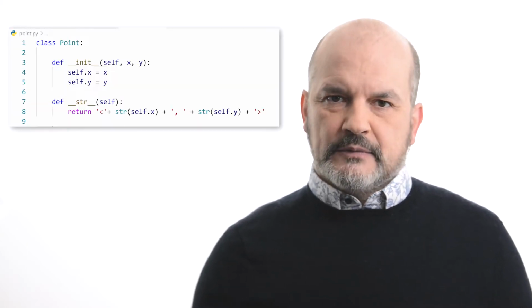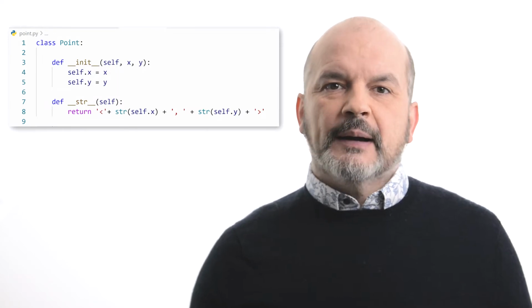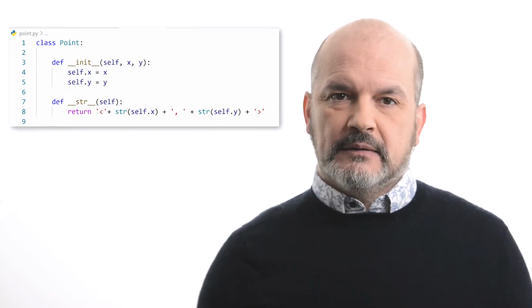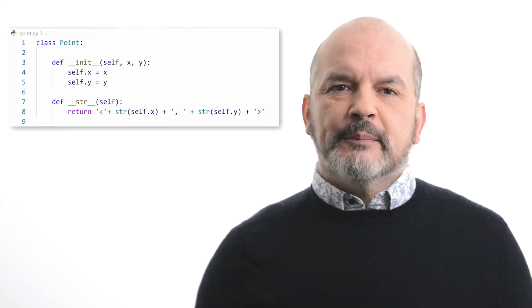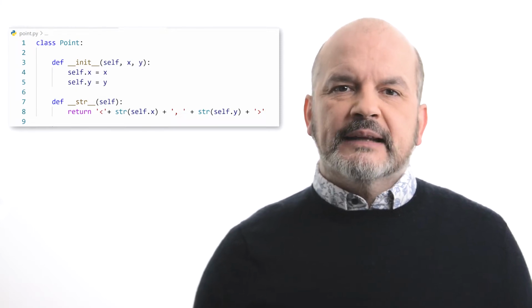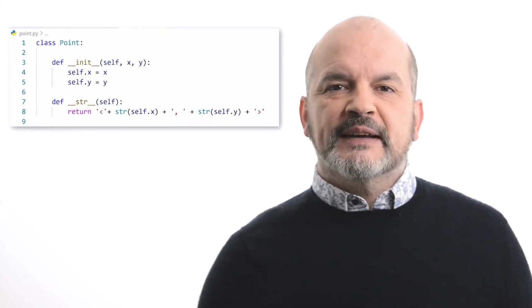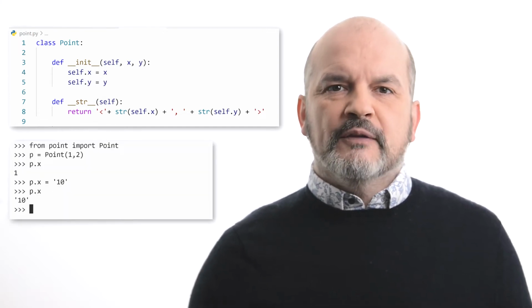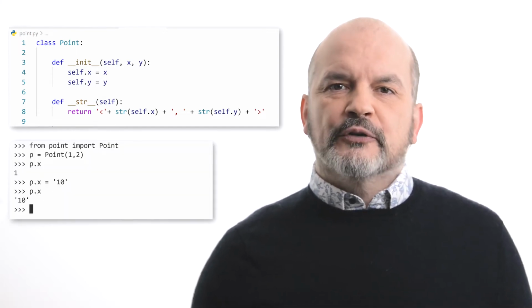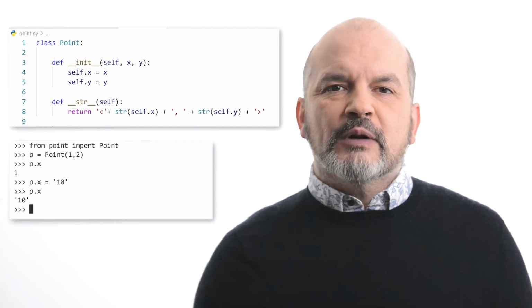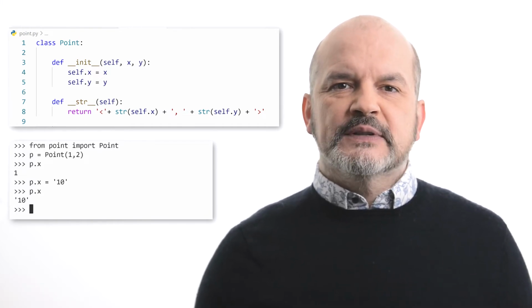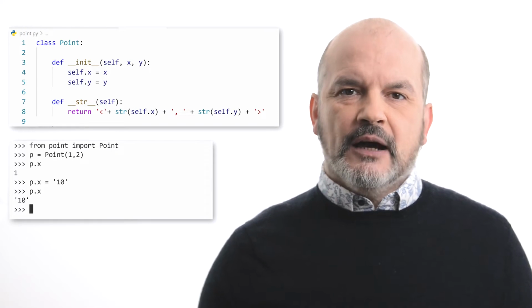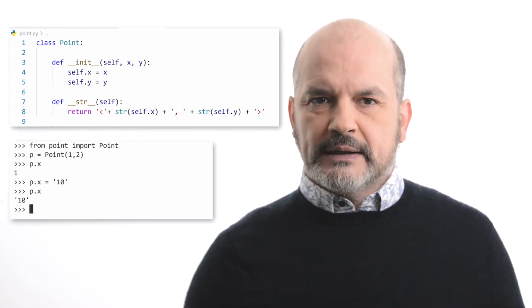Let's look at an example using a class Point where all attributes are made public. The attributes x and y are said to be public. But what do we mean by public? We mean that third-party developers can modify them directly. For example, if we create a point p with a value 1 and 2 for the x and y, we can directly access the value of x by using p.x, and it returns the value 1.